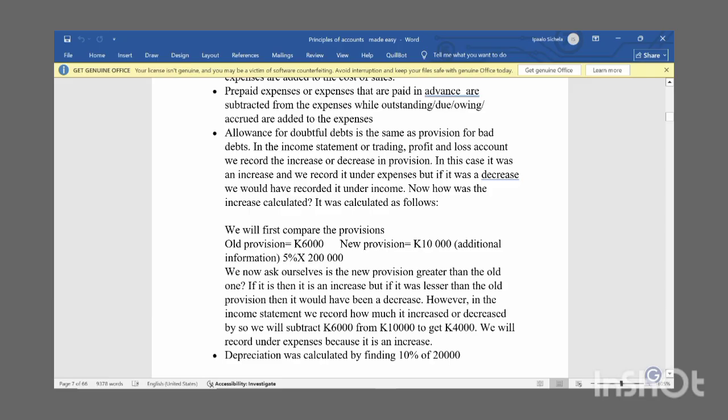If the old provision was 10,000 while the new provision was 6,000, we would still have subtracted, and our decrease would have been 4,000. The only difference is that the 4,000 would have gone under income, but because the new provision is greater than the old provision, we'll put it under expenses.